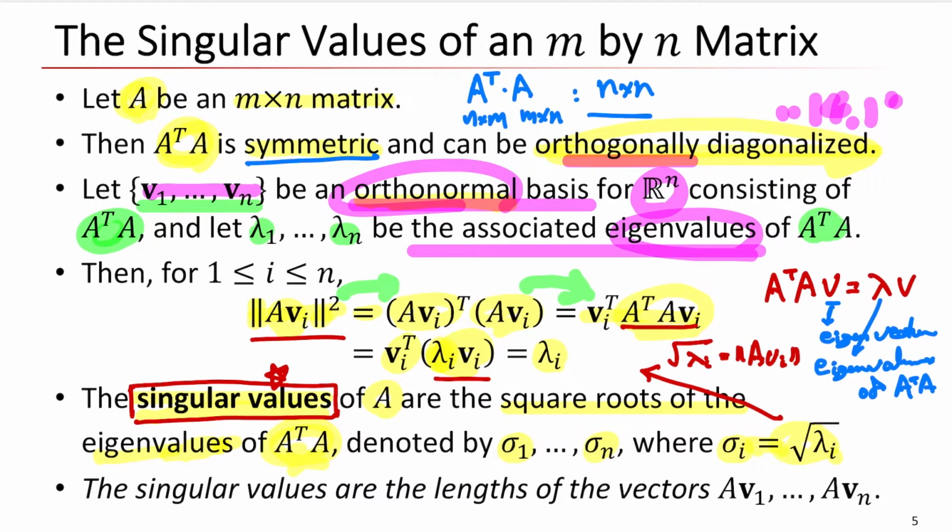So in other words, the singular values are the lengths of the vectors Av1 through Avn. Okay, so this is the definition of the singular value. Today, by using this definition, let's derive the singular value decomposition theorem.